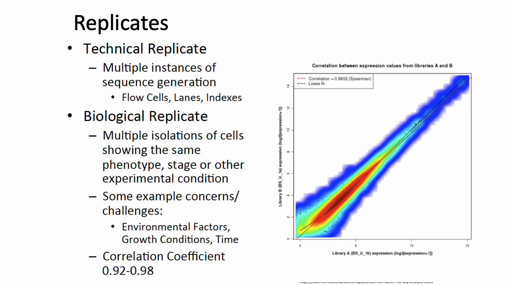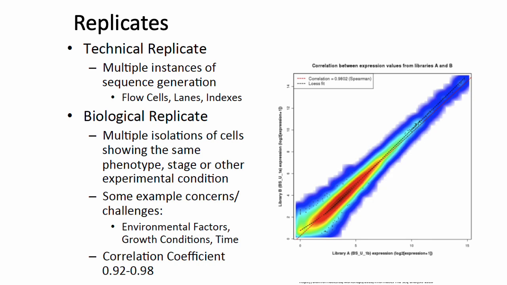And so when you're doing an RNA-seq experiment, you intuitively want to get some kind of statistical confidence about each expression measurement that you make. And so in order to get that statistical confidence, you have to make every measurement multiple times and vary different factors, either technological or biological, so that you can get a sense of how good is my estimate as to how highly or poorly expressed each one of these genes is, right?